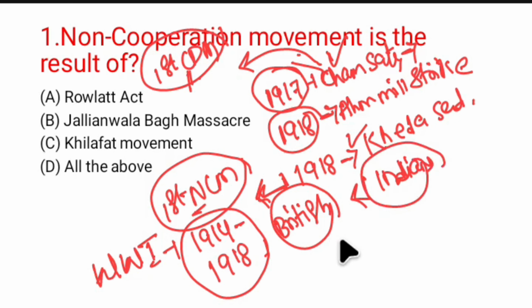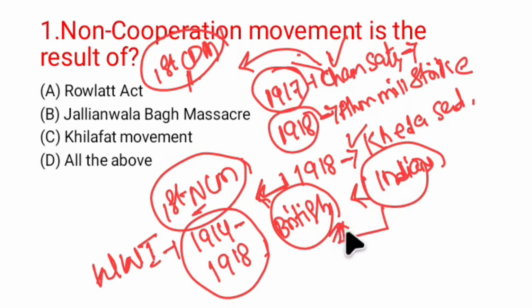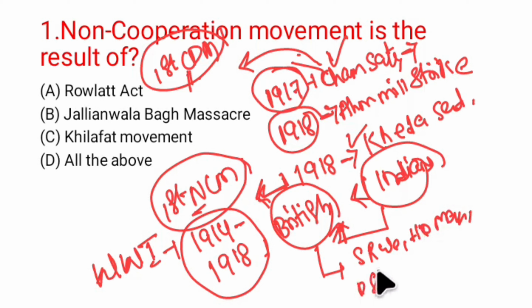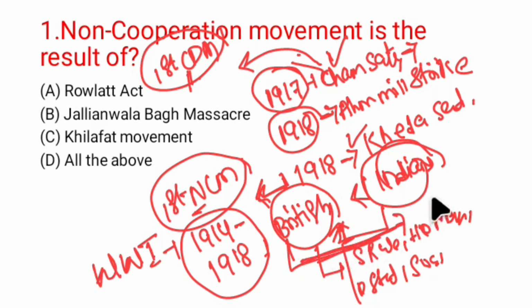So the British used Indians, and in return, Indians thought that the British would repay their loyalty by providing self-rule, home rule, dominion status or Swaraj.